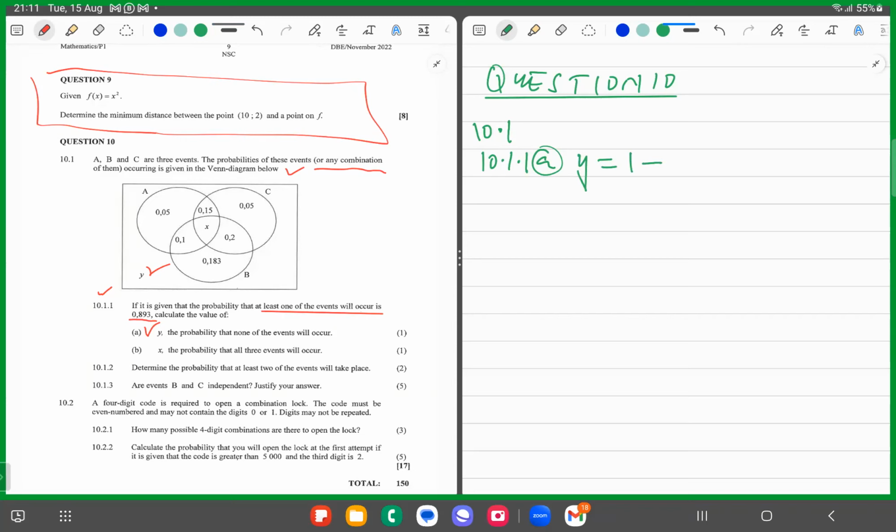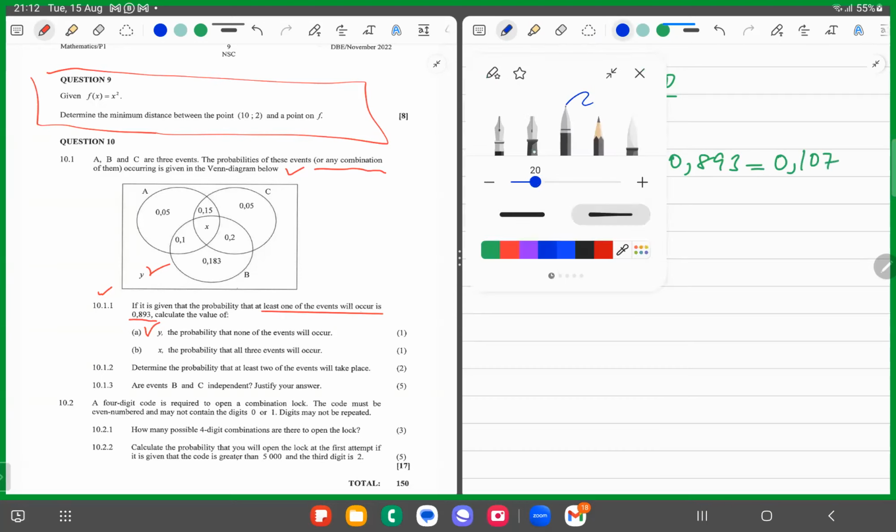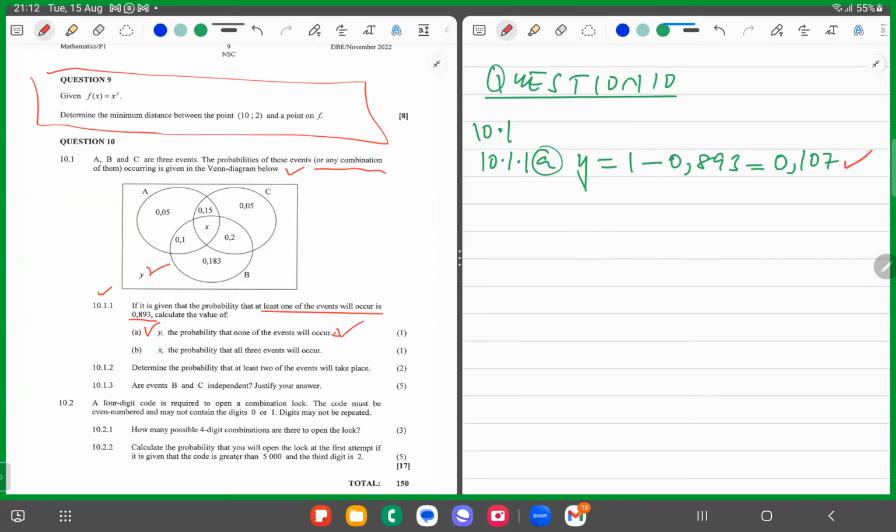Now the probability of at least one of these occurring will be 0,893, and the result is 0,107. So the probability that none of these events will occur is 0,107.